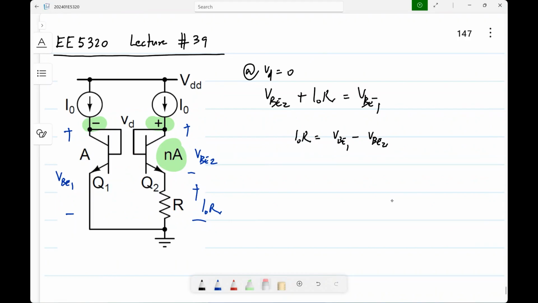So this is one unit, this is n units. Then VB1 minus VB2 would be VT log... Basically, what happens with the area? The saturation current is proportional to the area, right?